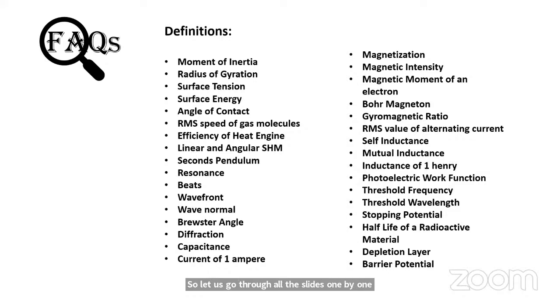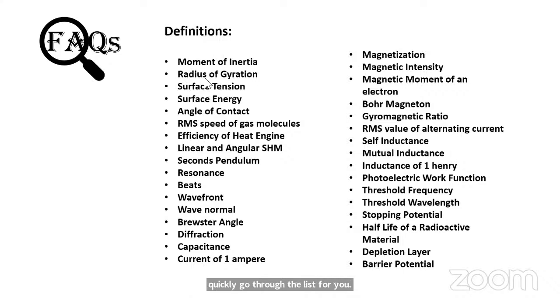So as you can see in this slide, I tried to cover the definitions which are frequently asked in the previous board exams or generally asked in the board exams. I'll quickly go through this list one by one. If you have read the textbook before, then I'm sure that you will be able to make out which chapter these definitions are from, or I'll quickly go through the list for you.